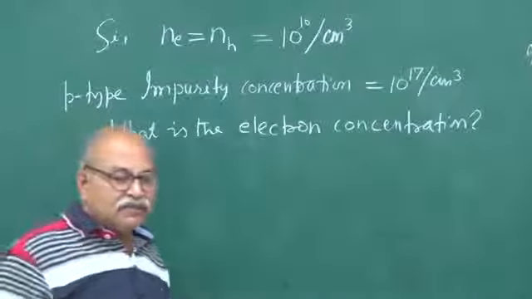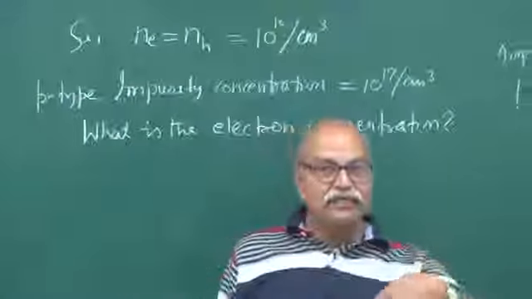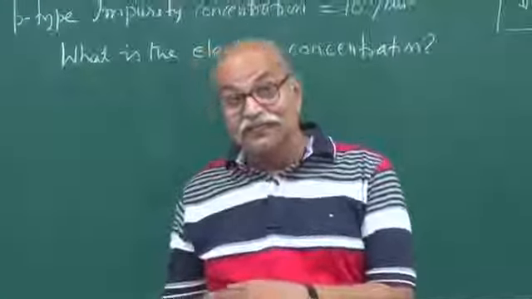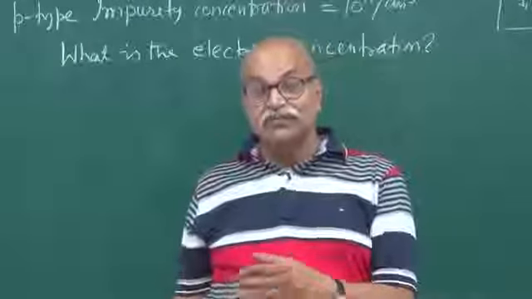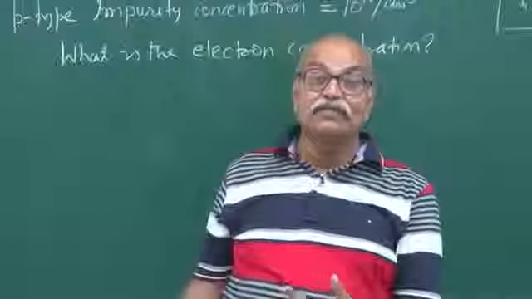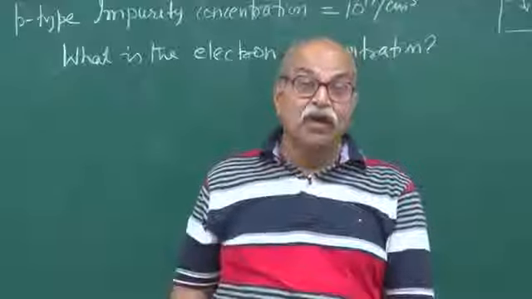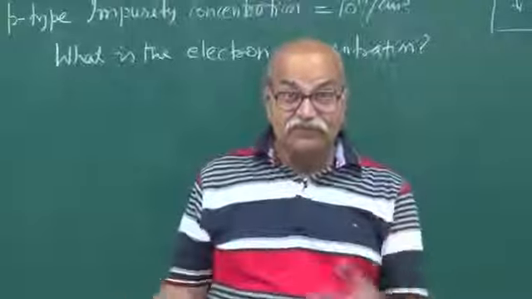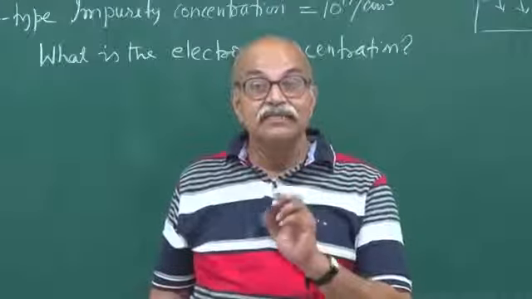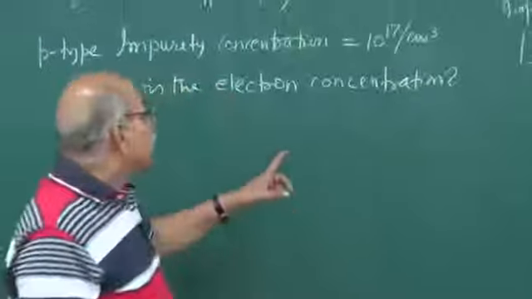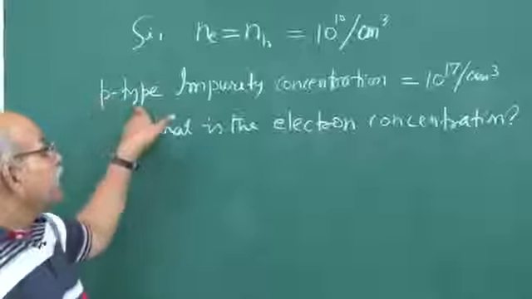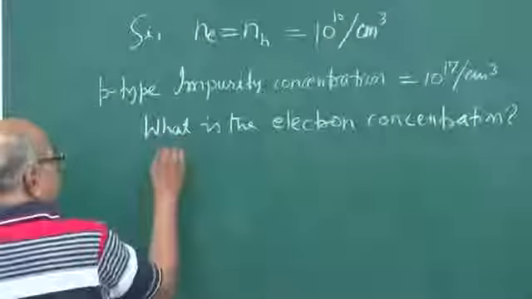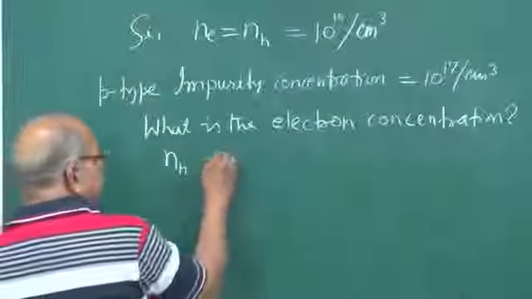You remember when we dope a certain impurity, the concentration of the other type goes down because of increased hole-electron recombinations, and the product of the concentrations of those two types of charge carriers remains the same. So if I am doping a p-type impurity, then definitely the hole concentration NH is increased.